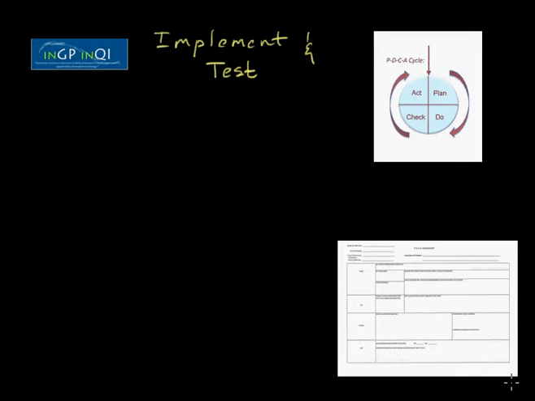Okay, now hopefully you and your team have identified some areas that you're going to implement the PDCA cycle with, and to determine how well they identify opportunities for improvement.